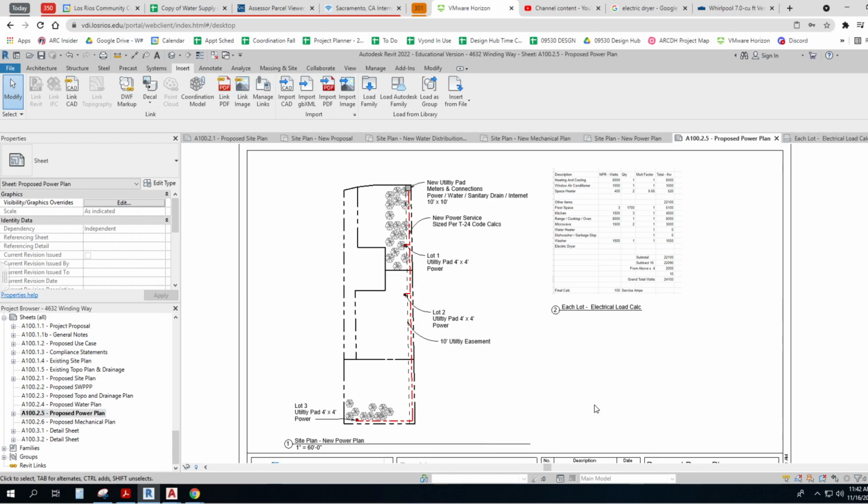But that would be up to your final architect or your civil engineer or your contractor, whoever is tasked with making those decisions for the planning purposes, for your preliminary submittal to the planning department.